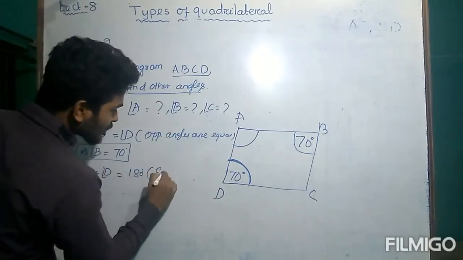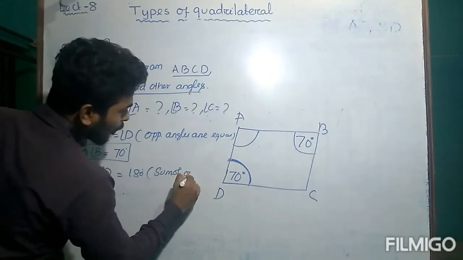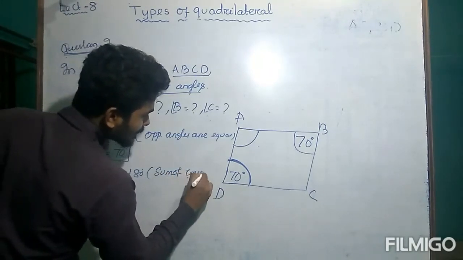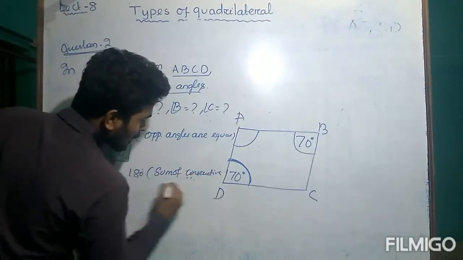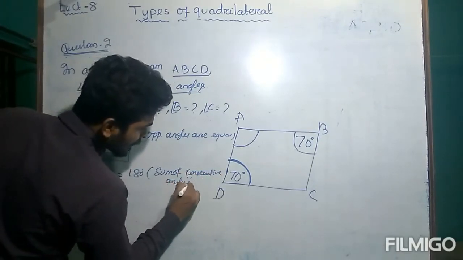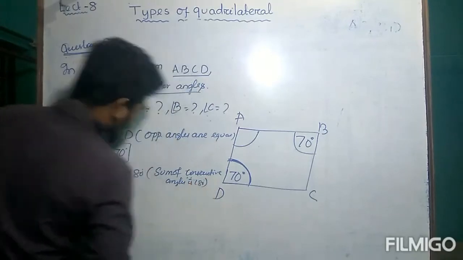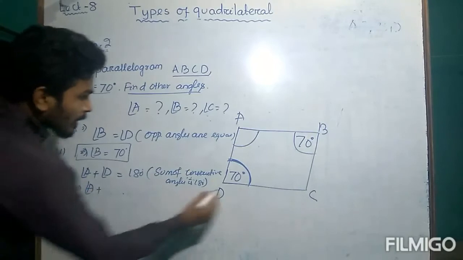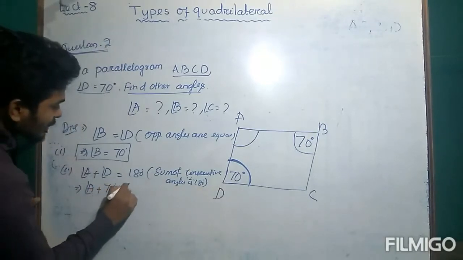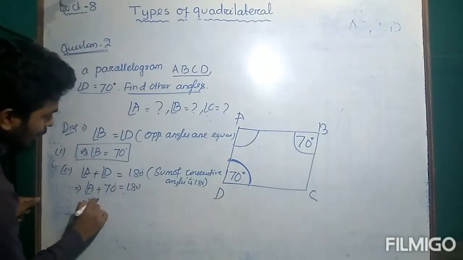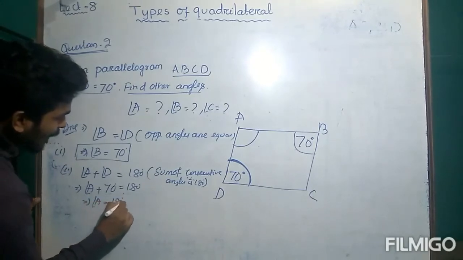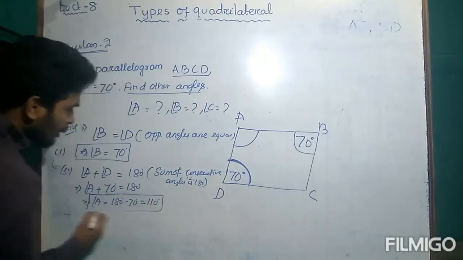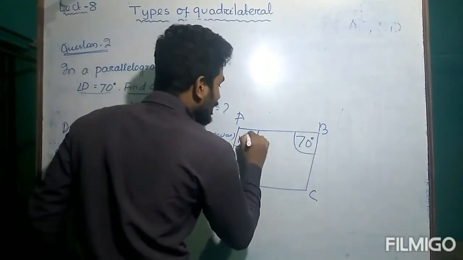Reason: sum of consecutive angles is 180 degree. Here angle A is to be found out, angle D is given 70 degree. So angle A is 180 degree minus 70 degree, that is 110 degree. So we get the value of angle A as 110 degree.